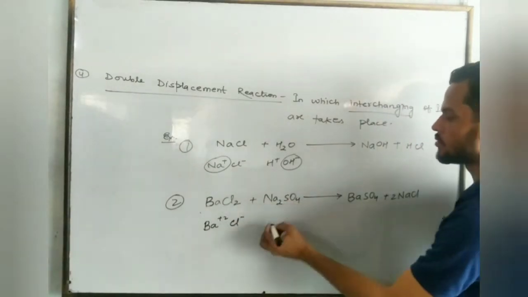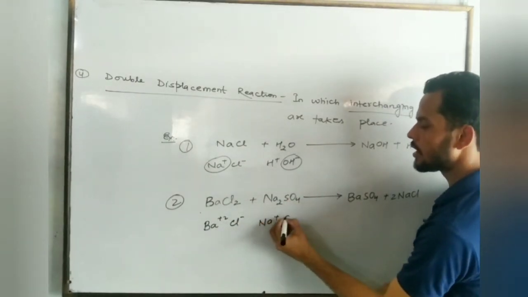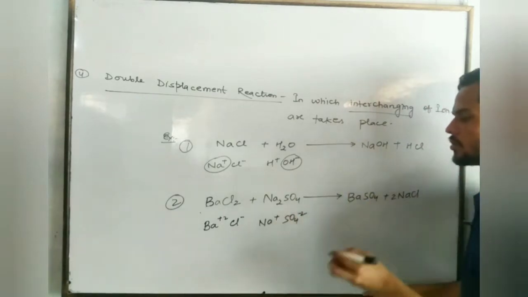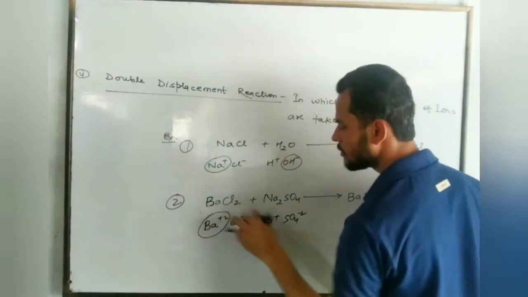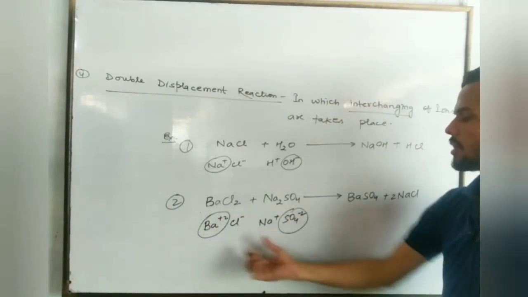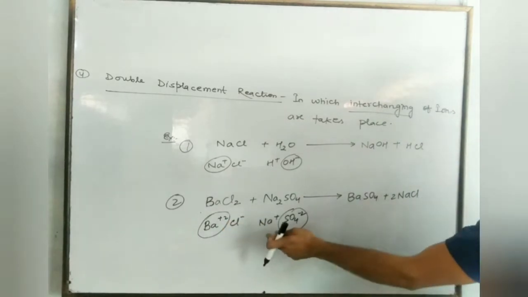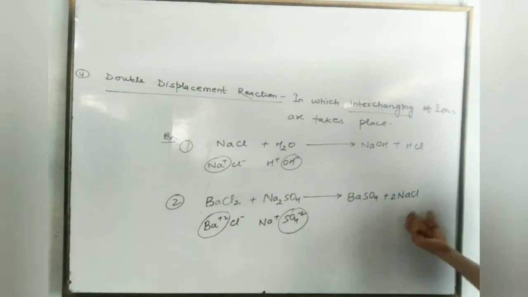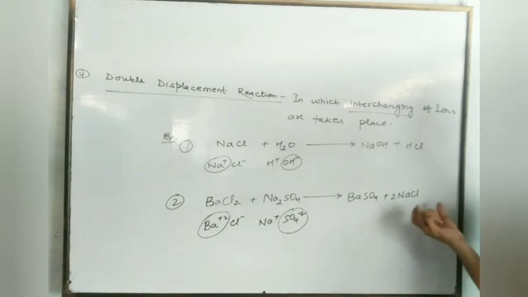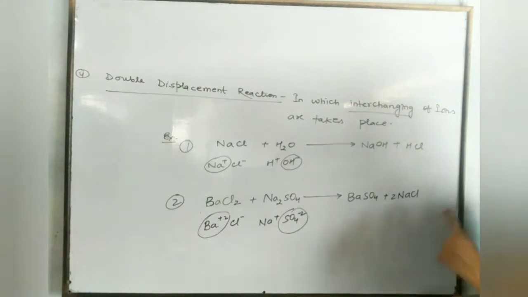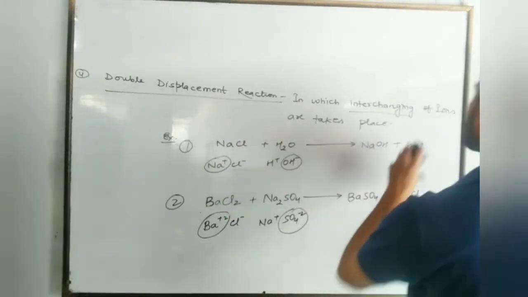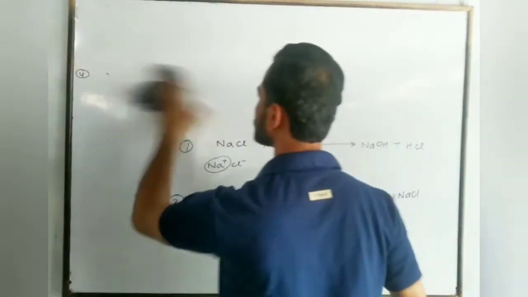Okay, and in sodium sulfate Na is positive and SO4 is minus 2. So the positive ion of the first compound combined with the negative ion of the second compound, so BaSO4 is obtained, and when the negative ion of the first compound combined with the positive ion of the second compound, then NaCl is obtained. Okay, so this reaction is also known as double displacement reaction. So that is double displacement reaction, the fourth type of chemical reaction.